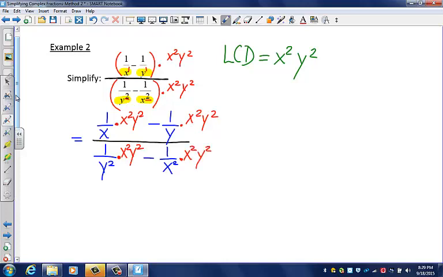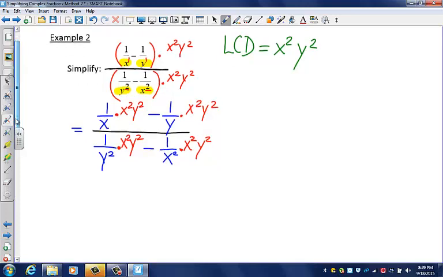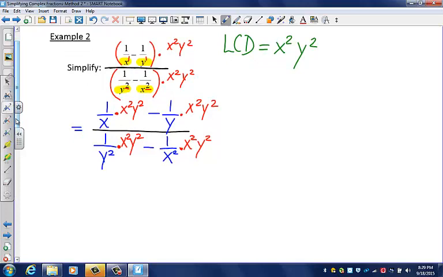And remember, the goal is the denominator should divide out or cancel out so that we have a denominator of 1, which means we don't have any more fractions.